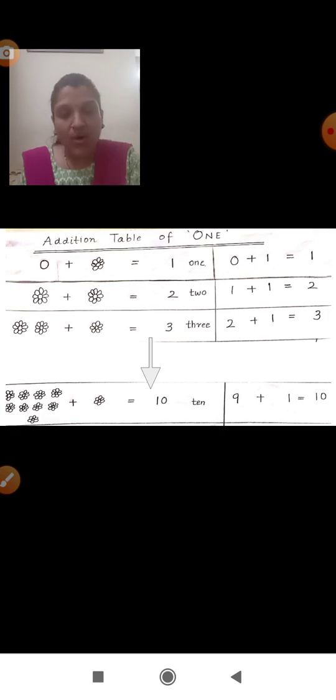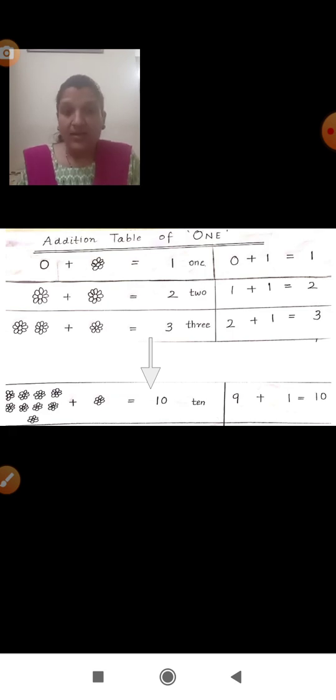And last row will be as shown over here. 9 flowers plus 1 flower equals to 10, TEN 10. And in the next column you will write 9 plus 1 equals to 10. Clear? This all you have to write nicely, neatly on the paper.